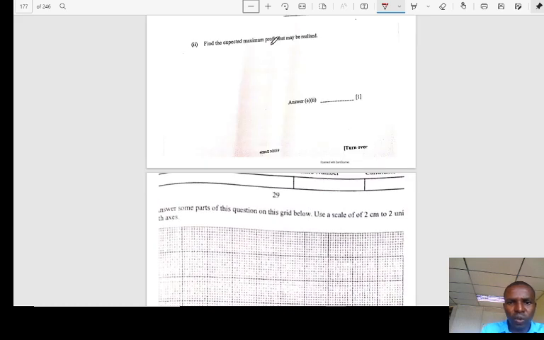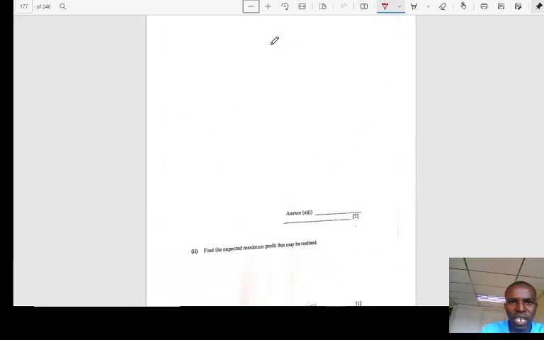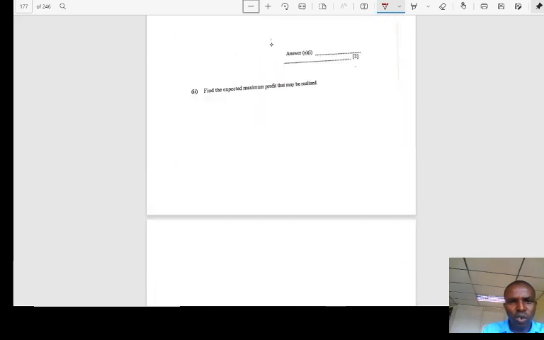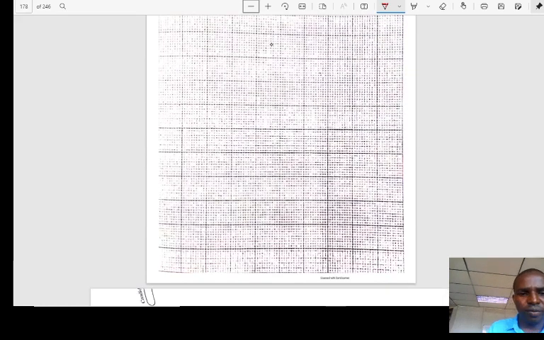Scale 2 centimeters to 2 units on both axes. Let me check here. Right, so I can write 2, 4, 6, 8, 10. So this one is 0. Then 2, 4, 6.